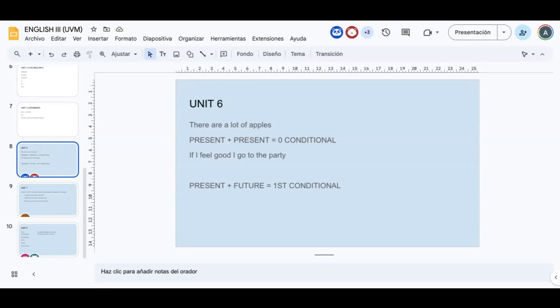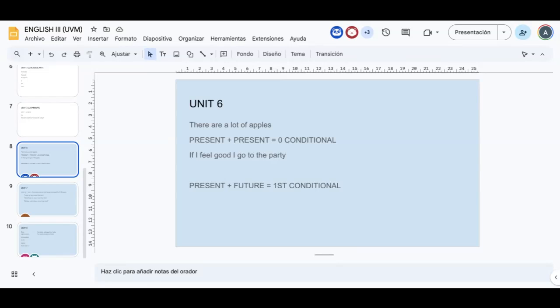So in this case, the first conditional is used for things that we are sure, or mostly sure, are going to happen. Because when we go to the second conditional and the third conditional, we are talking about unreal possibilities. That's an important thing that you need to remember. Zero conditional and first conditional are very attached to reality.